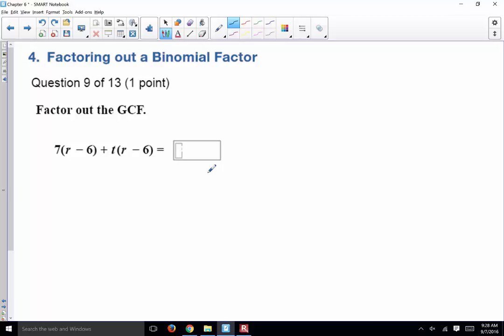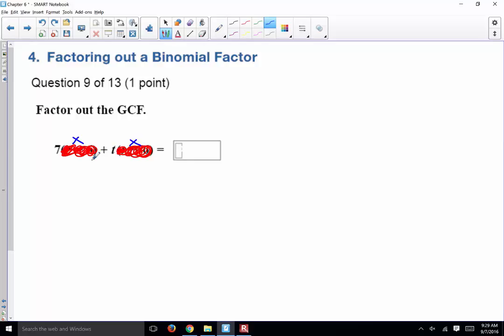All right. Now, please, for a second, I would like to cover these. And I'm going to ask you a simple question. What if these disappeared, and instead they were just x's? How would you factor this? Well, what is common between these two terms? 7x and t times x.